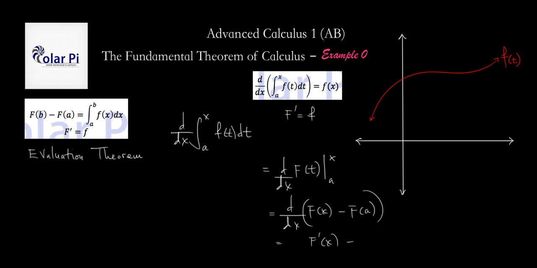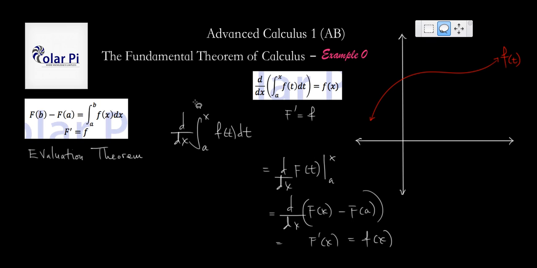So why bother with the minus 0? So that's it. But wait, capital F prime is little f, and it is of x, so this is f of x, as we should have on the right side of the statement, right? Cool, right here. So that's a second explanation.